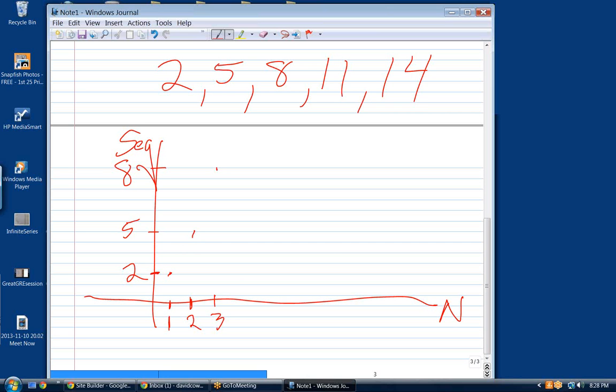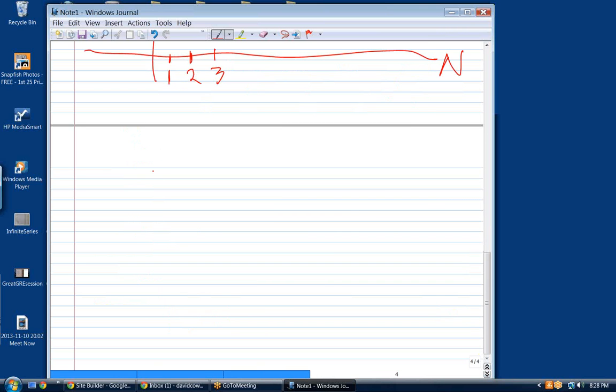However, some of the problems, we should do some problems with sequences. Let me look in my book here. I've got a few. One term of an arithmetic sequence is a sub 13 equals 30.